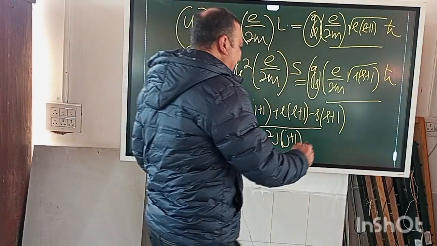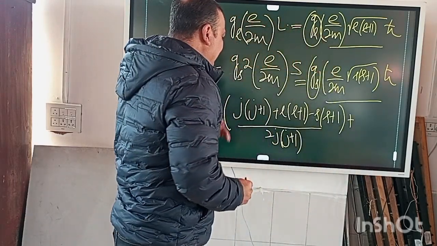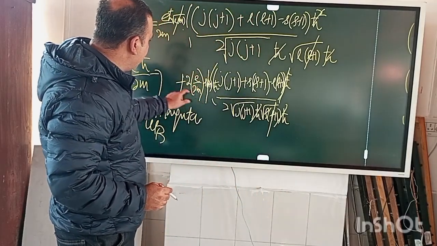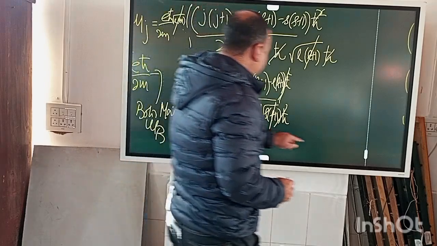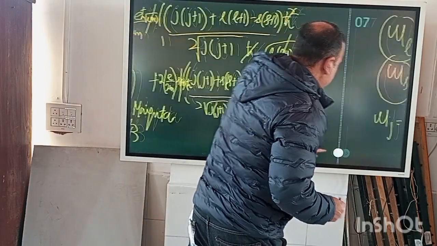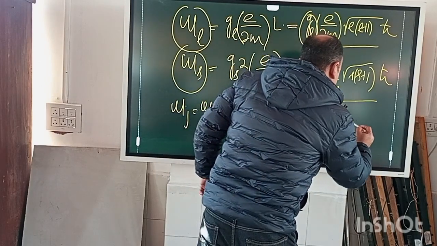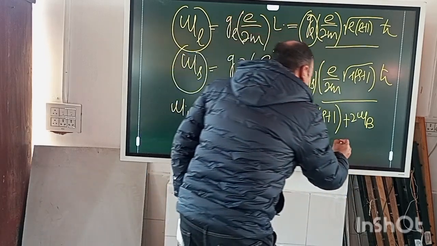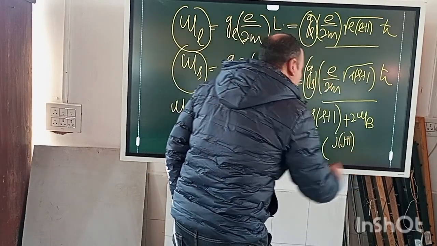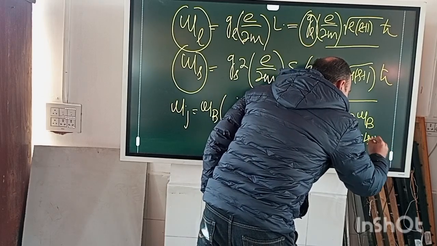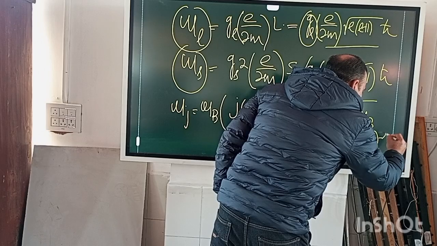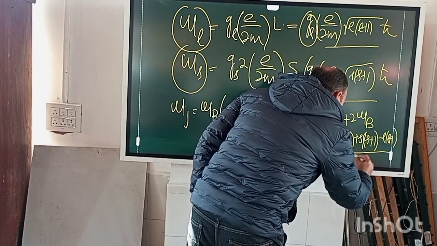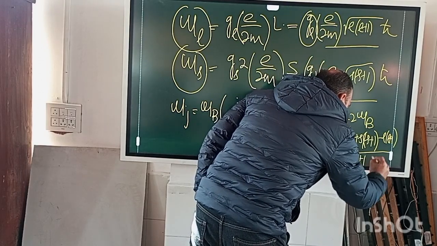And then we have plus 2 mu B, because here we have 2 times the Bohr magneton, times J times J plus 1 plus S times S plus 1 minus L times L plus 1, divided by 2J times J plus 1.